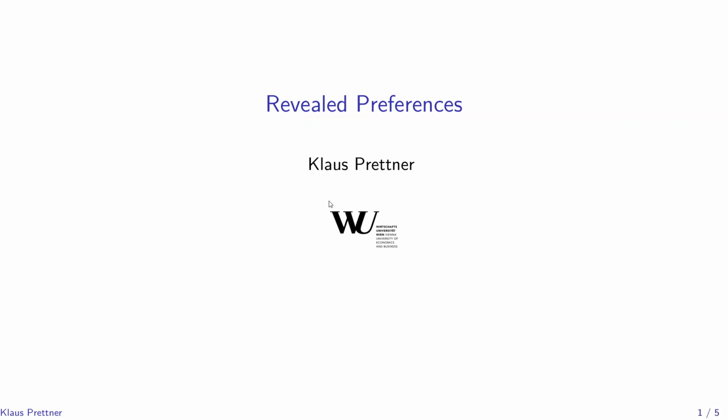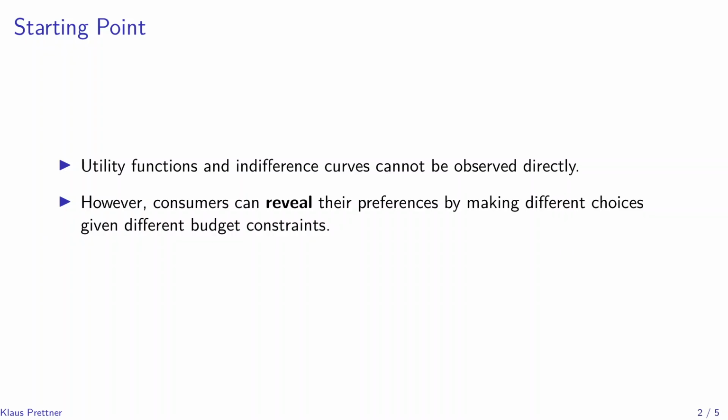Now we come to the topic of revealed preferences. Up to now we've dealt a lot with utility functions and indifference curves, but the problem is that they cannot be observed directly, so they are more concepts with which we rationalize the behavior of households.